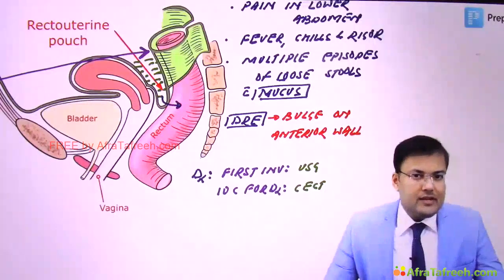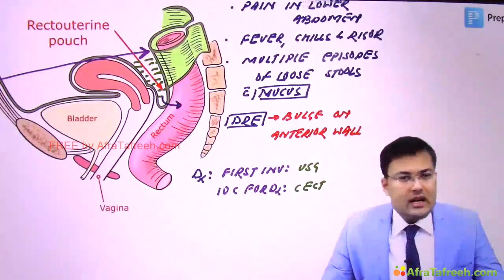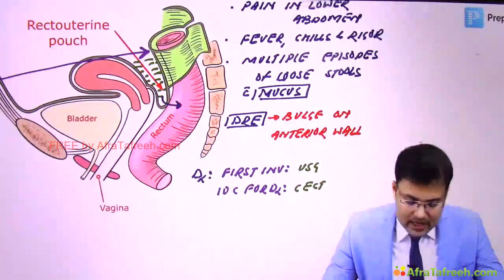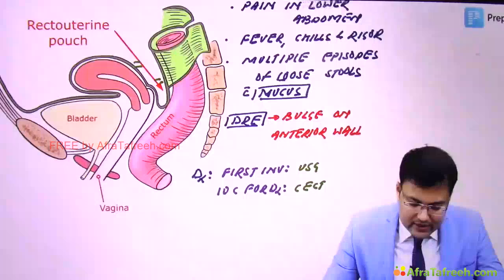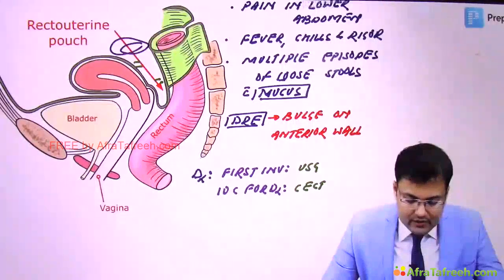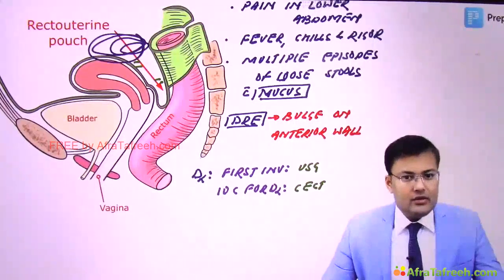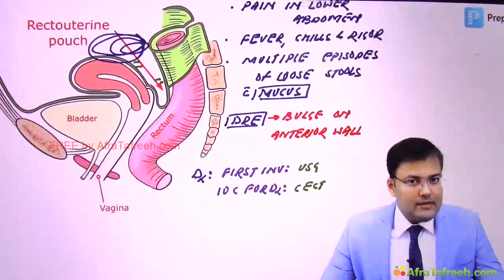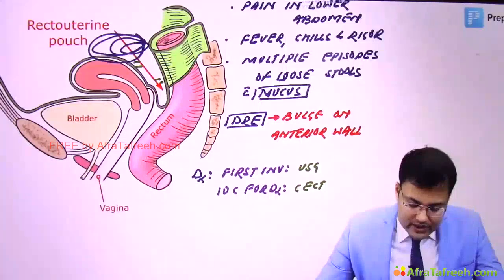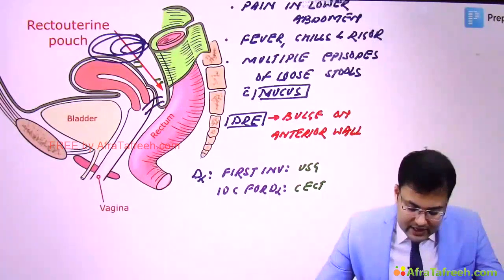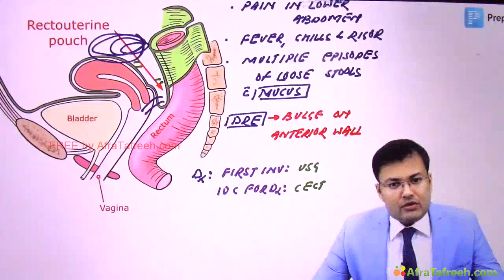So what is the preferred treatment? Ultrasound or CT guided percutaneous aspiration. Sometimes the bowel loops are adhered, so you don't have a clean window. If there is no clean window, what is the preferred route in females? Can you see here? The posterior wall of vagina is in close contact with this pouch of Douglas.